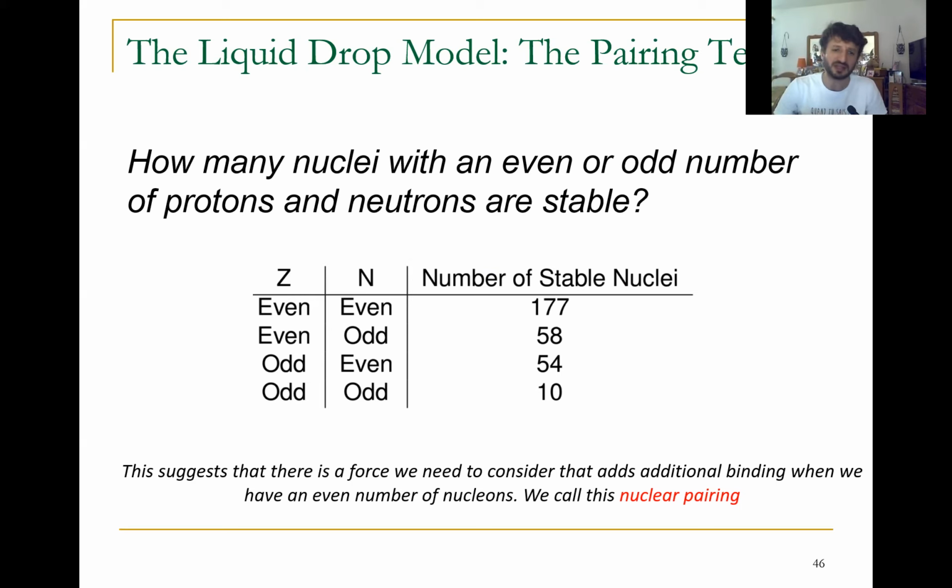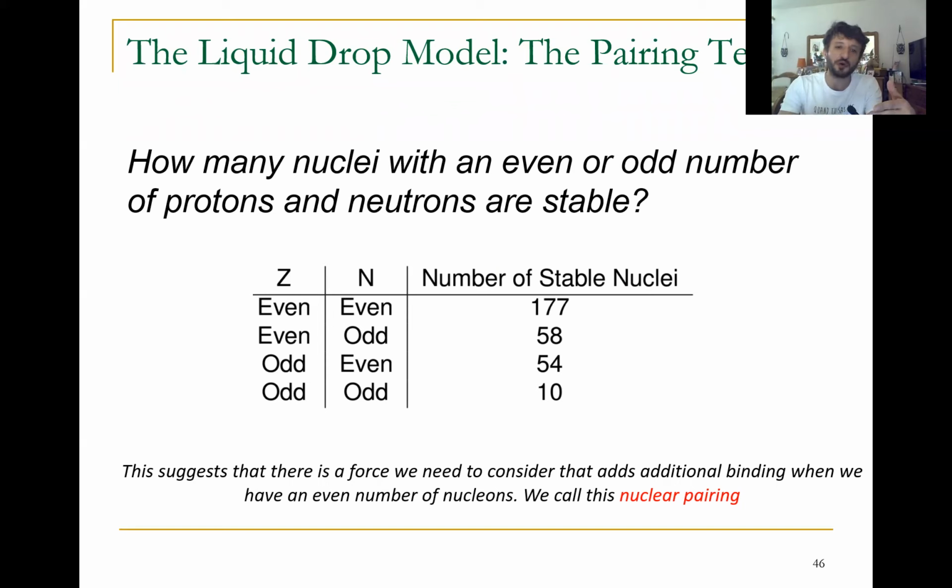So it's important to have an idea about this pairing term, because each time this quantity of stable nuclei will change. In the case of even nuclei, we have a strong binding energy, so this term will contribute to increasing the binding energy.